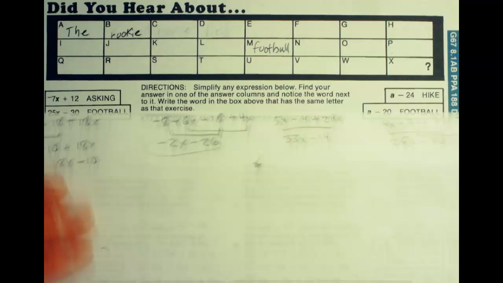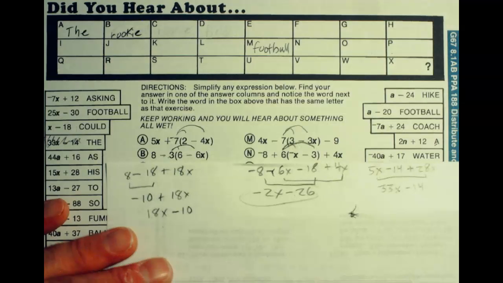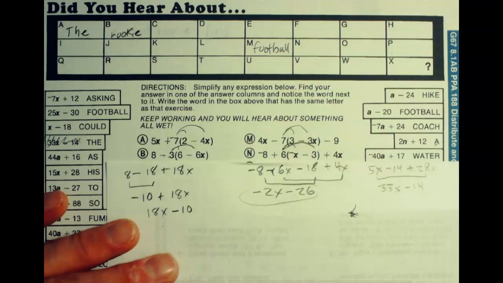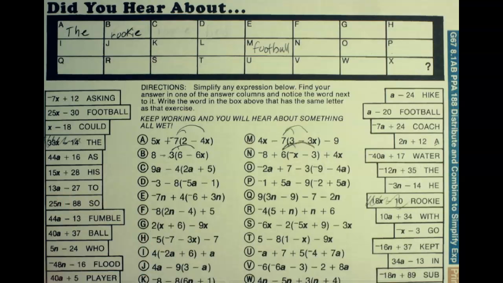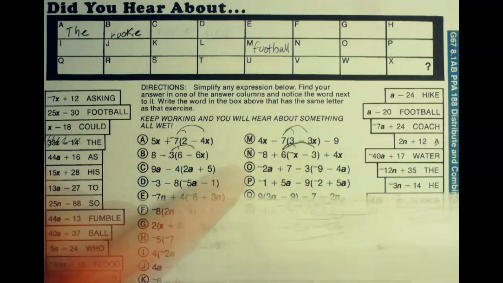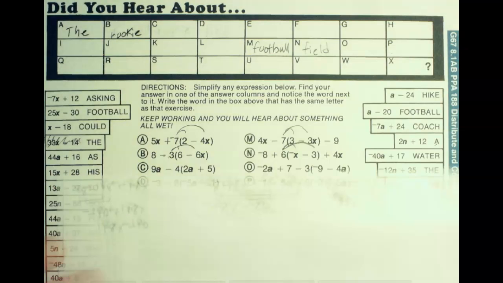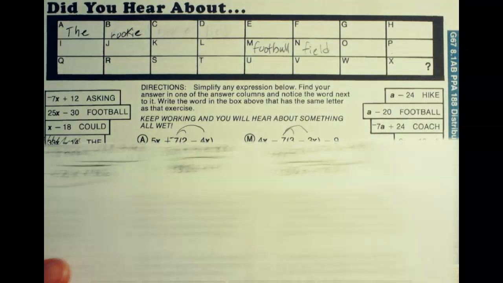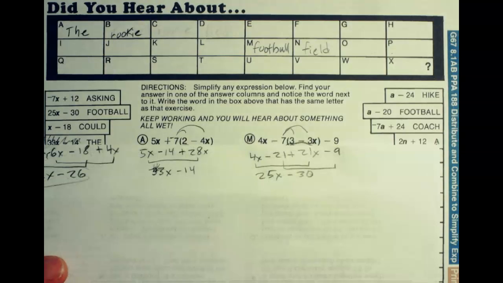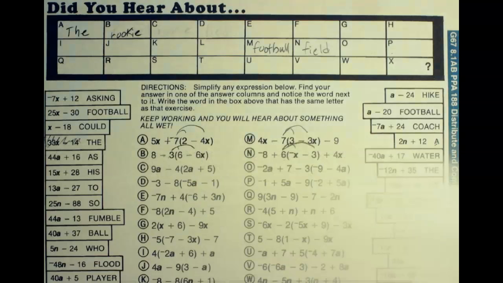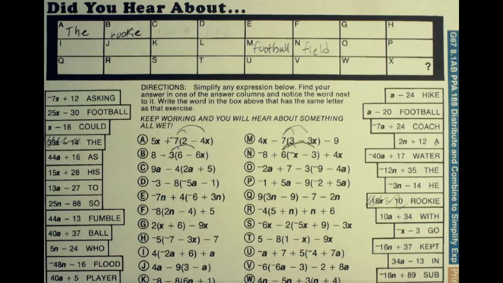And then the last one, which I said was D, was actually N. So minus 2x minus 26, that's down here. So actually N is going to be field. Sorry, math is right. My puzzle solving skills aren't exactly the best because I work across instead of down. All right, so you should be good based on that right there. Okay? Good luck. Thanks. Sorry about the confusion.